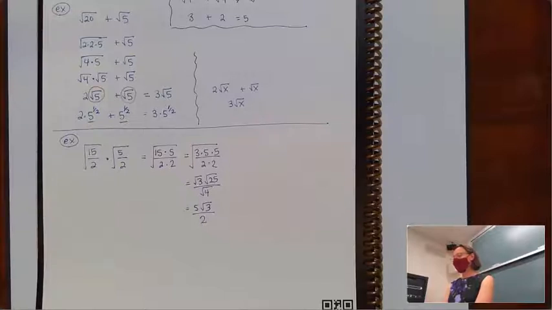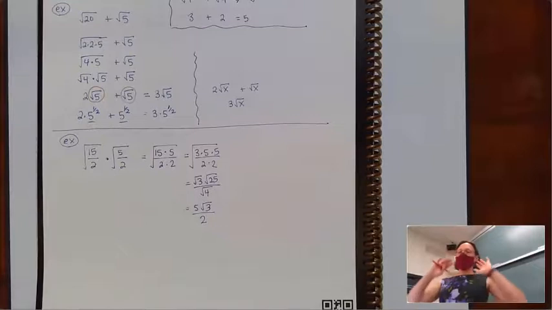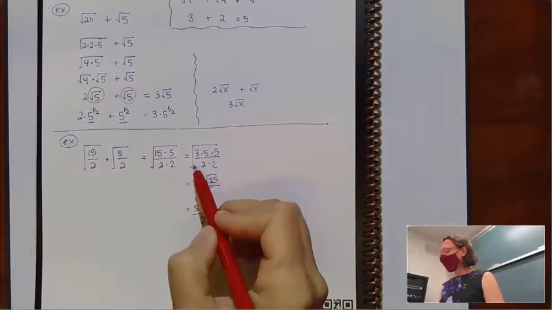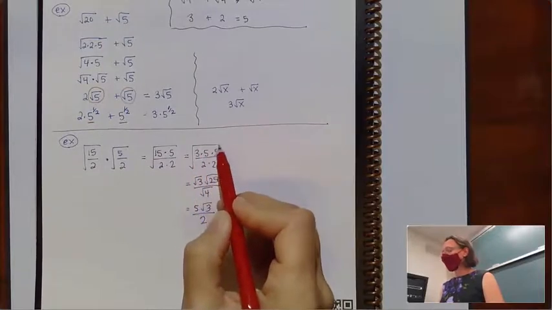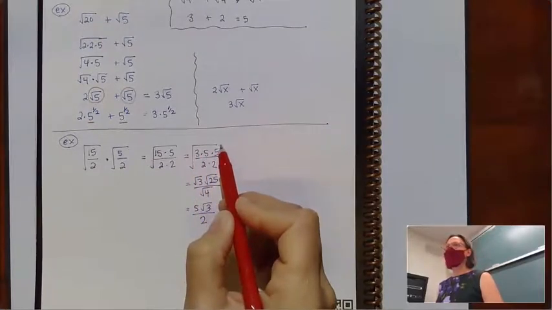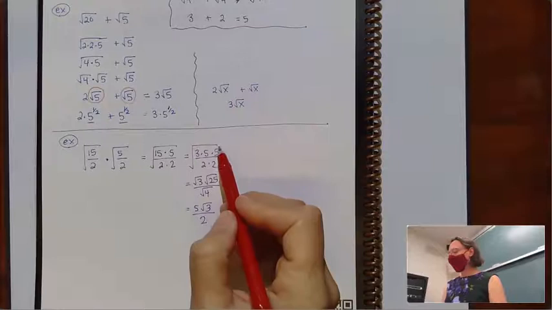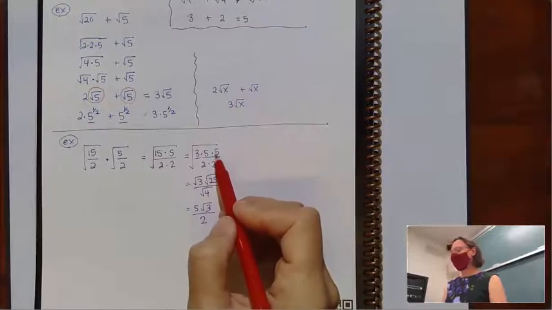I'm going to make a quick note: just be careful about your handwriting. It's really easy if you're doing these things quickly to lose how far out your square root bar extends. Mine didn't quite make it all the way past the 5.